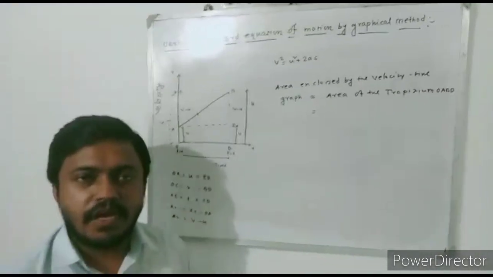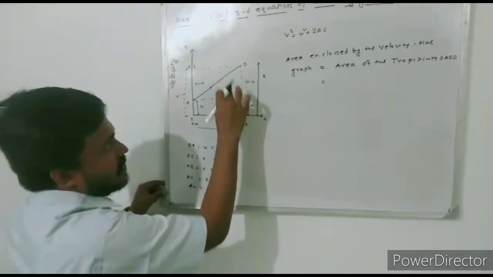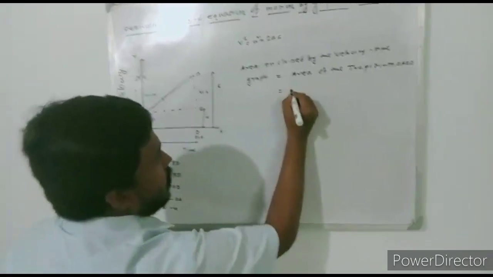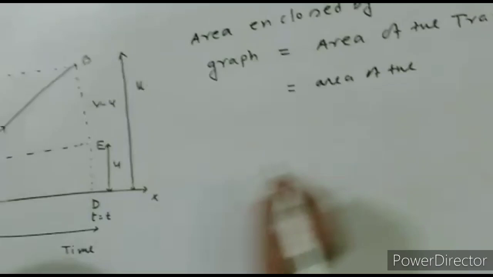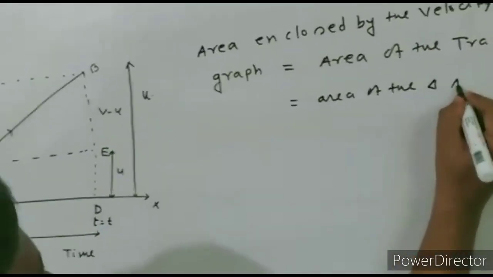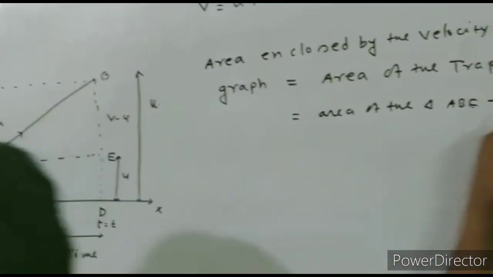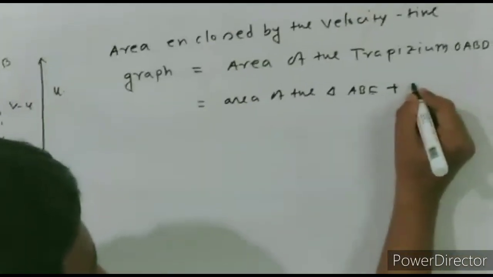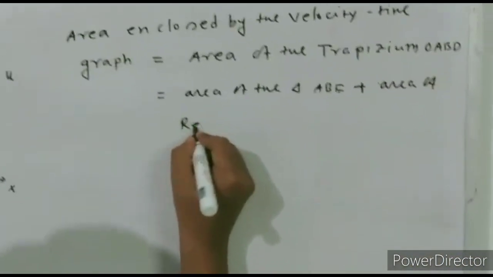I think all of you know the area of the trapezium. It is better to divide the trapezium into two parts. So the area of the trapezium equals the area of the triangle ABE plus the area of the rectangle OAED.